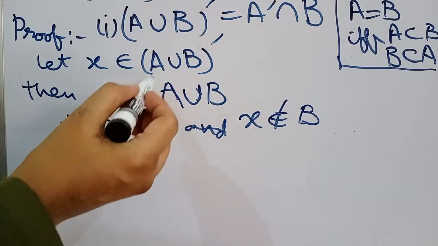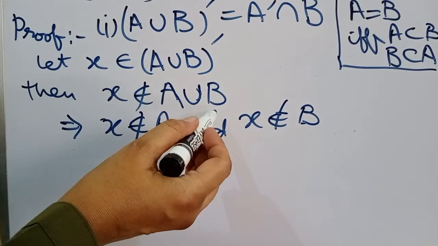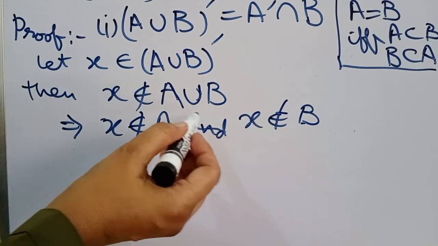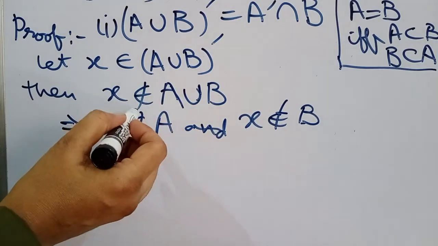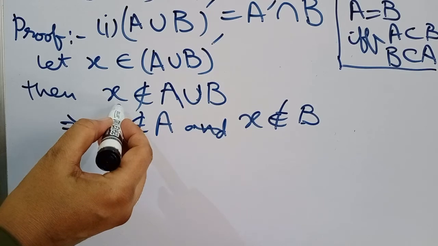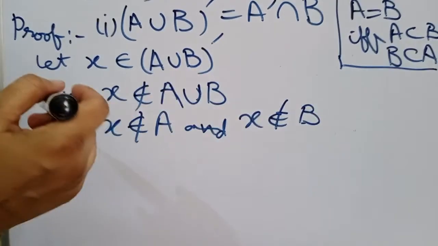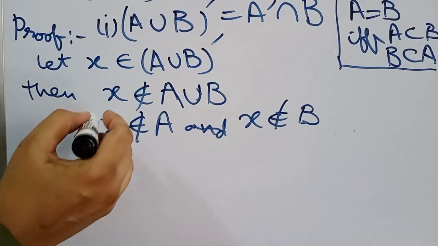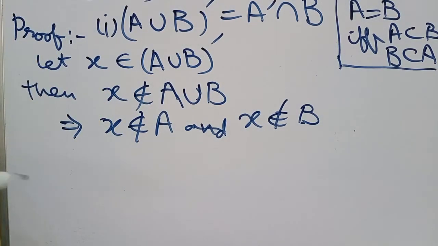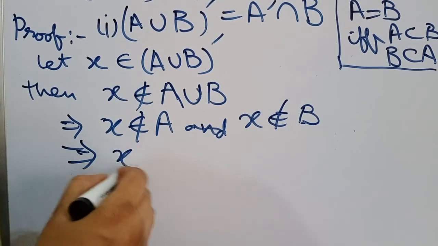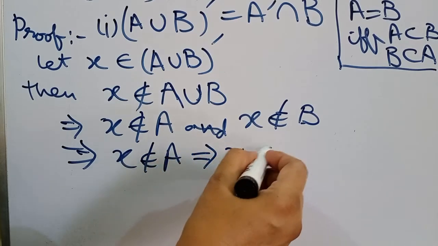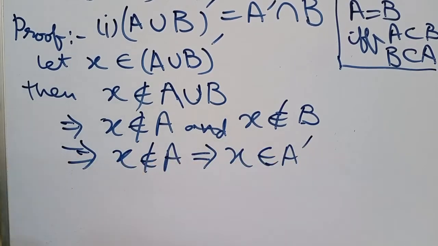union is the set of all elements of A and all elements of B, and if x belongs to A or B, it means x belongs to A union B. We observe that x doesn't belong to A union B, so x is not an element of A and not an element of B. If x doesn't belong to A, it means x belongs to A complement.